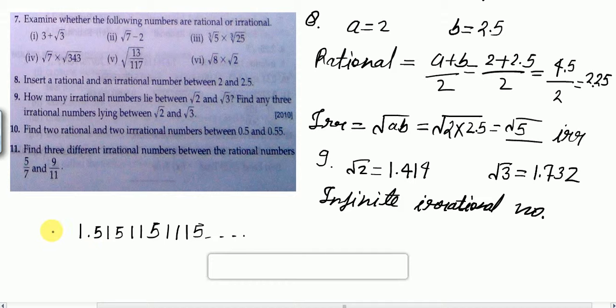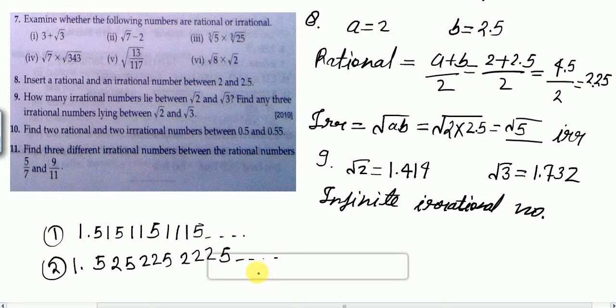This is one, and second is 1.5252252225, in a simple way like this.